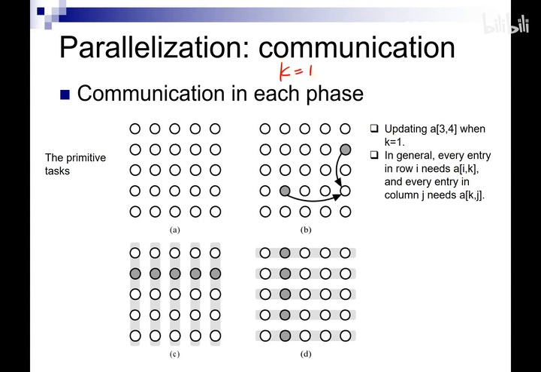So then you have, let's say, 0, 1, 2, 3, 4 over here, and then you have 0, 1, 2, 3, 4. Suppose you want to compute the value A34.